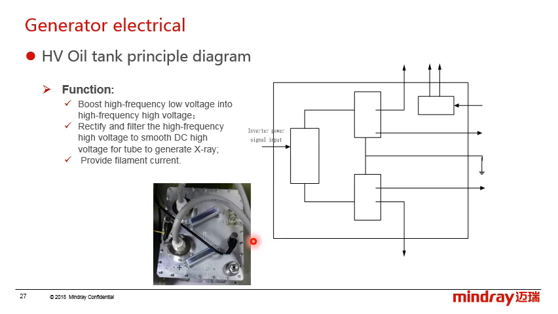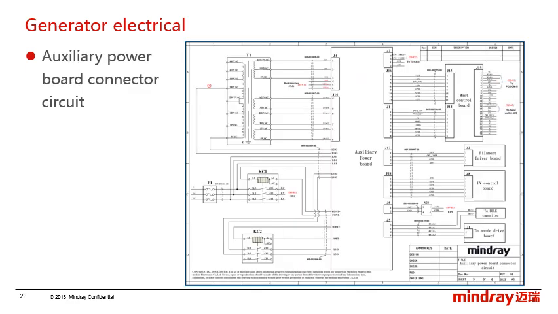The next is the tank. It receives the power from the inverter module and generates the high voltage and filament current to the tube under the control of the host computer.